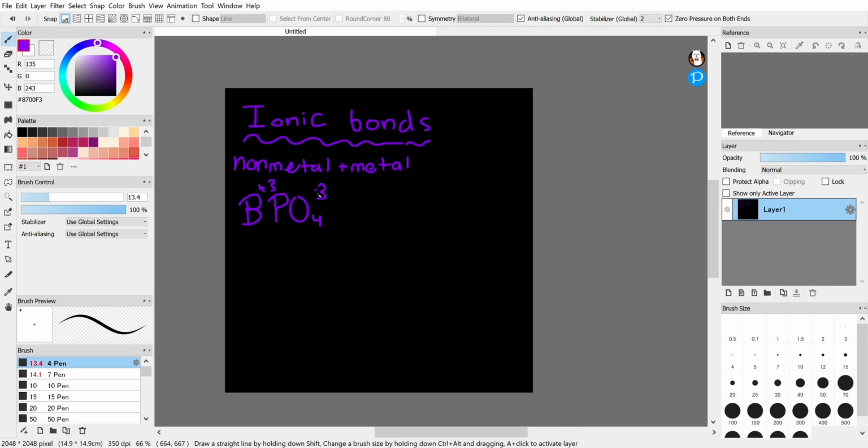So in this case, we don't need to put anything in brackets. So this would just be BPO4. And that's how you do that for boron phosphate.